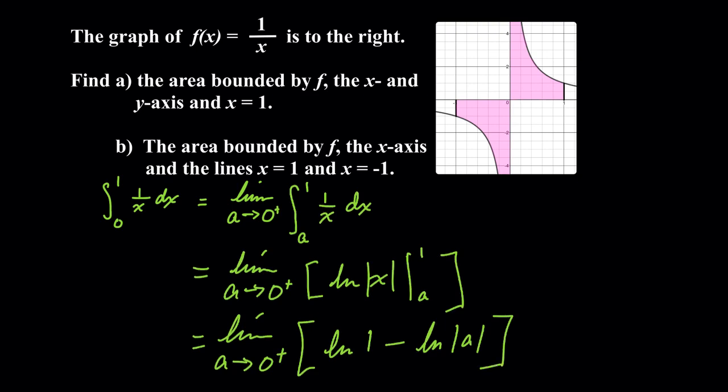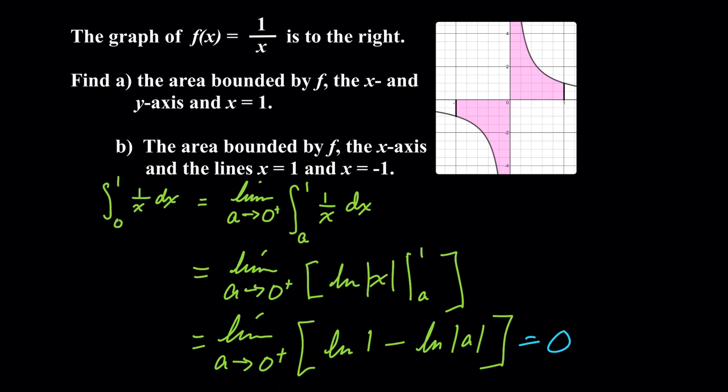All right, so let's think about what we've got here now. The natural log of 1 is 0, so we can say this is equal to 0, and then the natural log of a as a approaches 0 from the right.